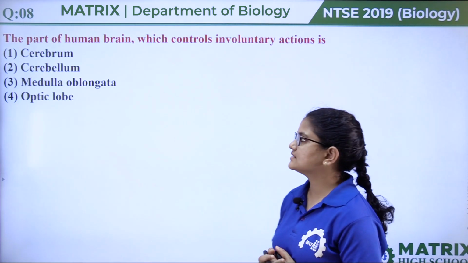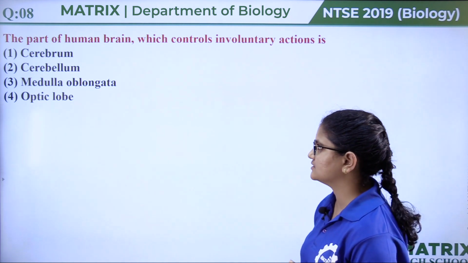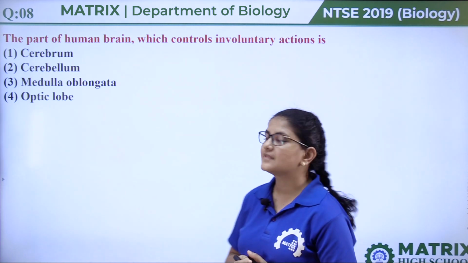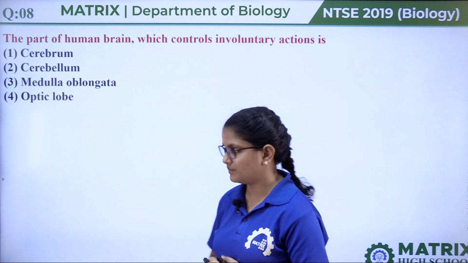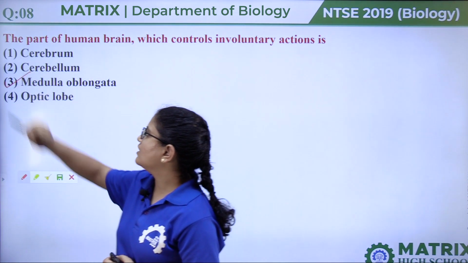Next question is, the part of human brain which controls involuntary action. Option 1, cerebrum, option 2, cerebellum, option 3, medulla oblongata, option 4, optic lobe. So its answer is third, medulla oblongata.